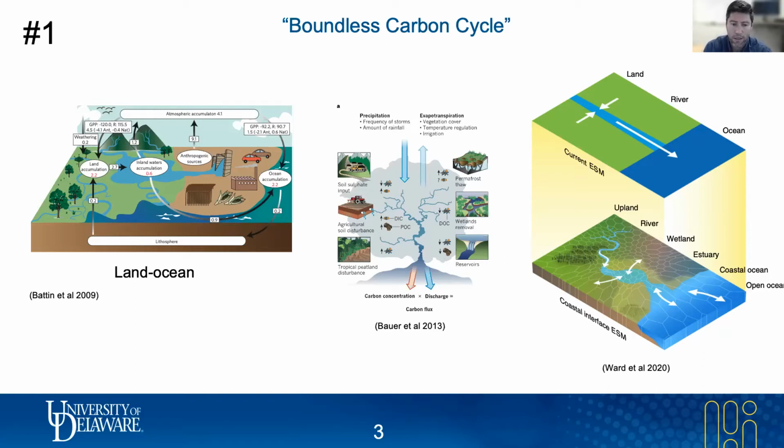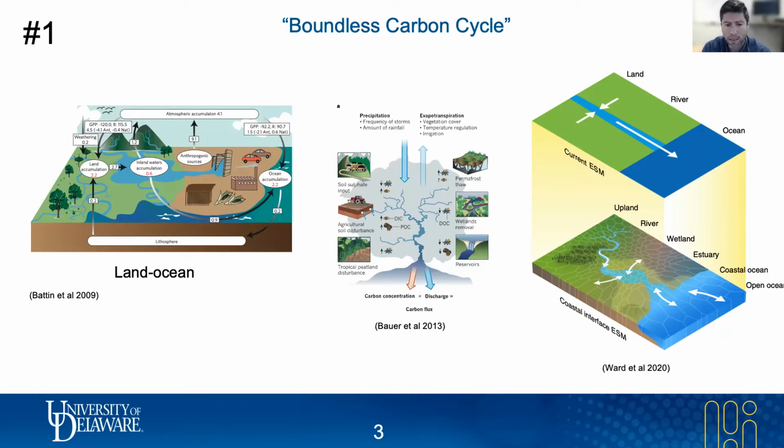Thinking about the lateral transfer of mass and energy, but also the vertical transfer, and how the processes involved in the transport of these across watersheds from the land to the ocean interact with each other and influence eventually what is happening in the Earth system.